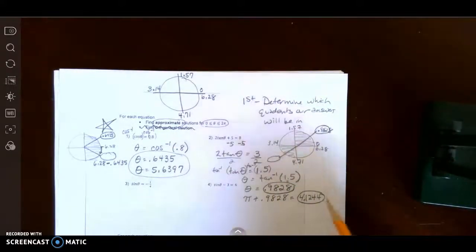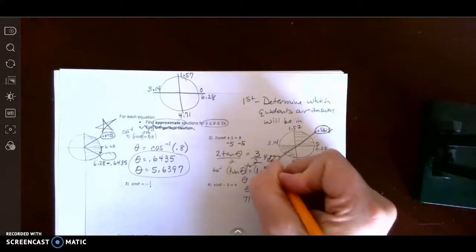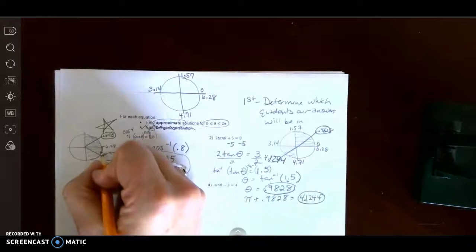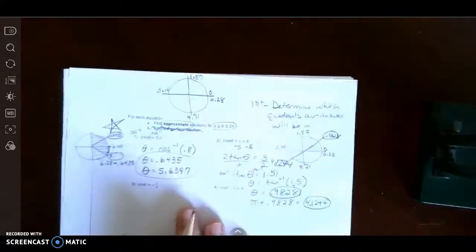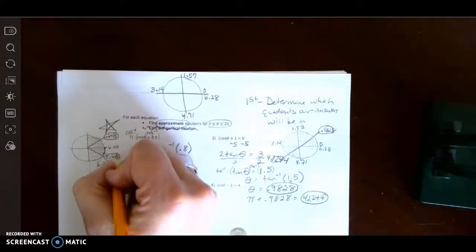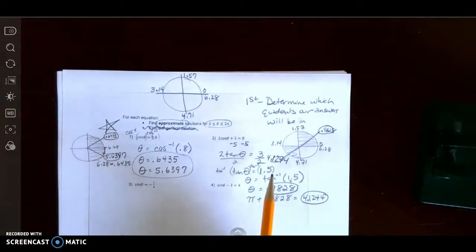So those are my two answers. A lot of people like to put the answers right into the little circles because it reminds them that they have to fill in both answers. So they like to just put the answers directly in those circles, and it helps them to remember that.